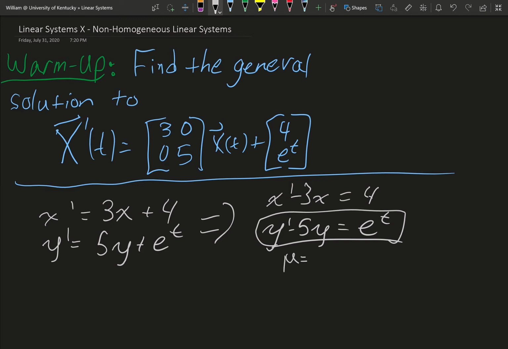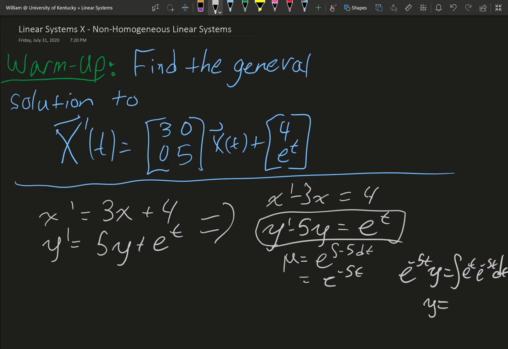So if I have mu here, it's going to be e to the integral of negative 5 dt. So that is our mu, e to the negative 5t. And then we have that e to the negative 5t times y is equal to the integral of the other side times our integrating factor.